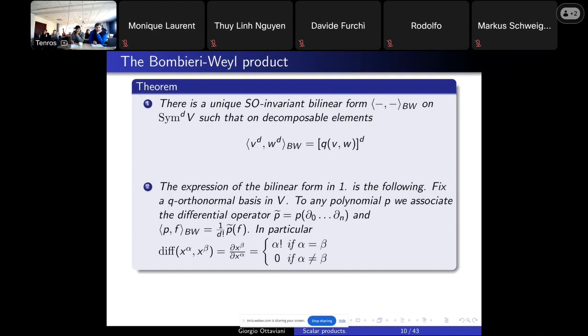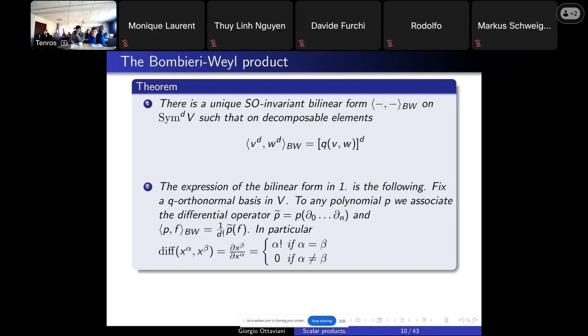So essentially, if your P is x0 cubed plus x1 squared x2, P tilde is just delta 0 cubed plus delta 1 squared delta 2. So it's just the same polynomial that becomes a differential operator.